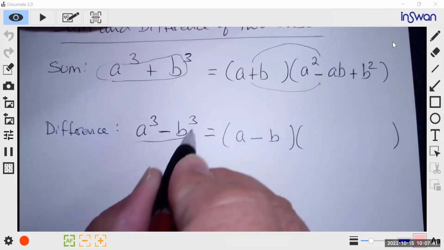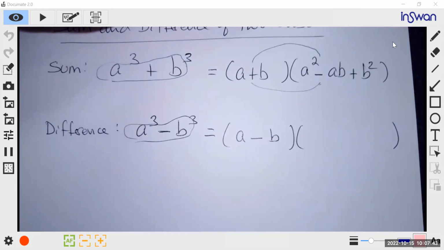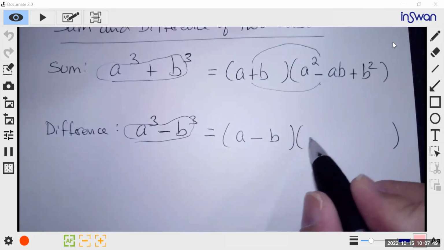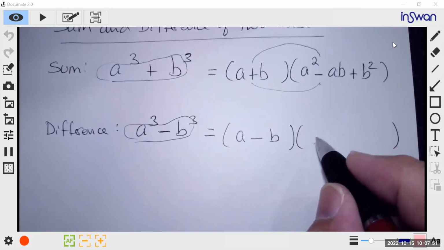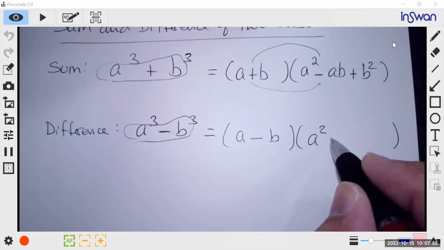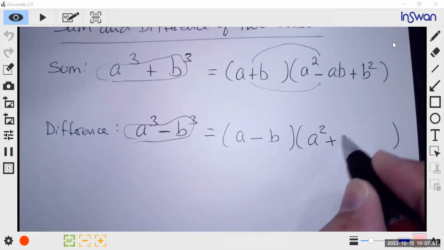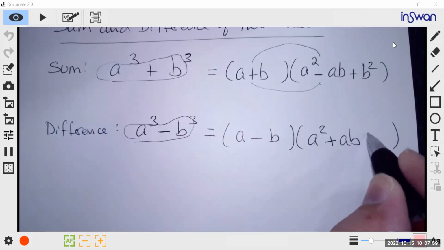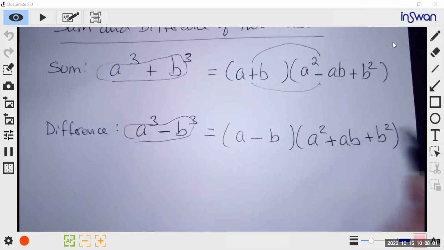Whatever's under the cubes. A minus B. And the second one? Very good. And the second one is always B plus B squared.